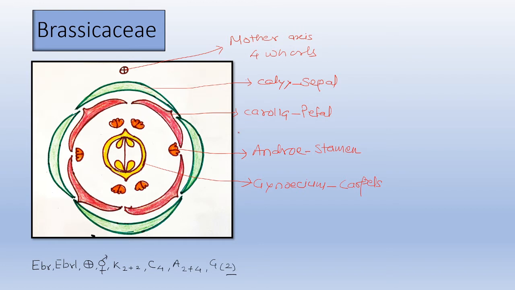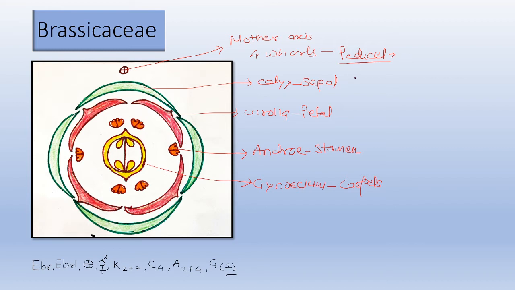So first of all we have to start with its top. In the inflorescence axis you can see there is a prominent stalk, which is called the pedicel. So we call the flower a pedicellate flower, as it has the stalk, called the pedicel. So the flower is pedicellate in case of the Brassicaceae.